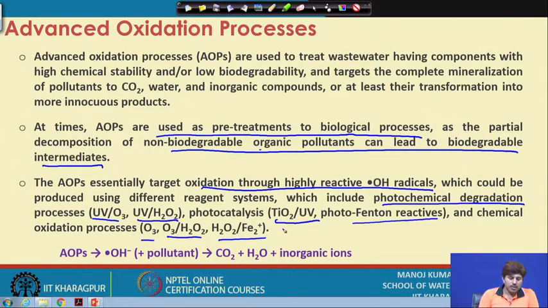Eventually all these advanced oxidation processes will somehow generate the OH radical, and this OH radical will react with the pollutant and convert it to CO2, H2O and inorganic ions.